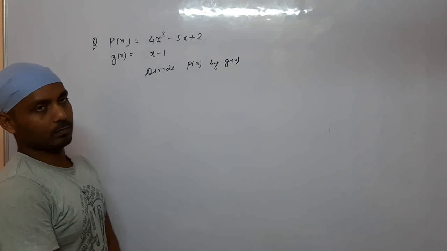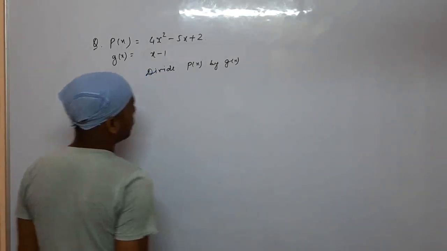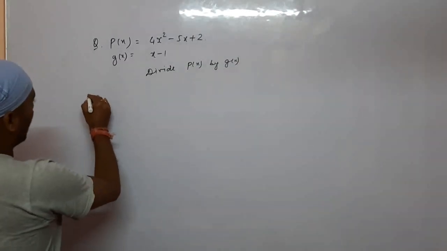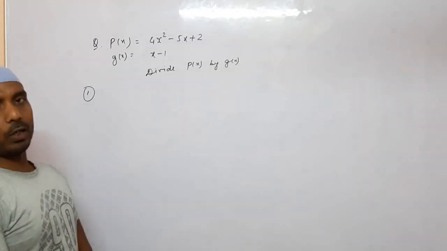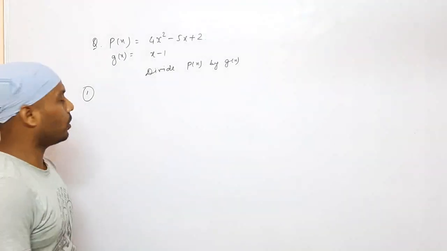First of all, the thing you have to keep in mind is that the degrees of the polynomial must be arranged in decreasing order.